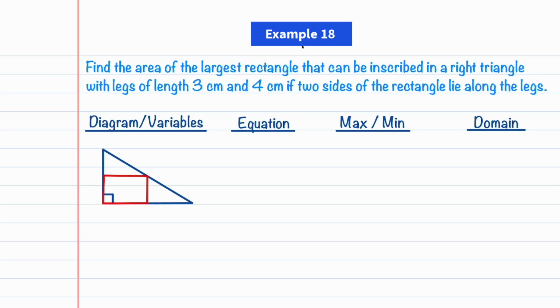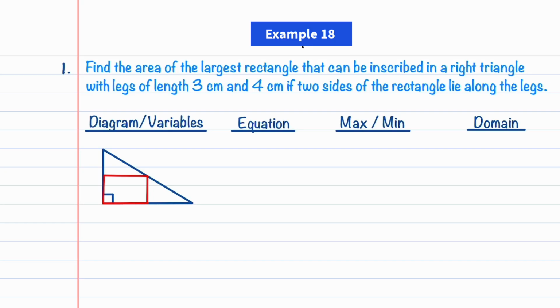In this optimization problem, we're finding the largest rectangle that can fit inside a right triangle. The first thing we want to do in solving this problem is to read the problem carefully, figure out what information we've been given, and then what we're asked to find.